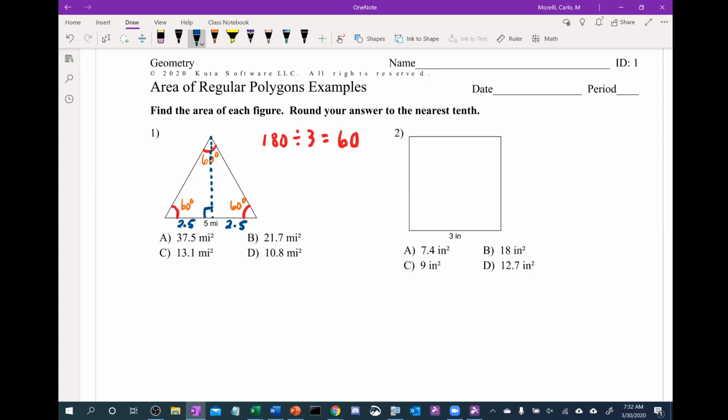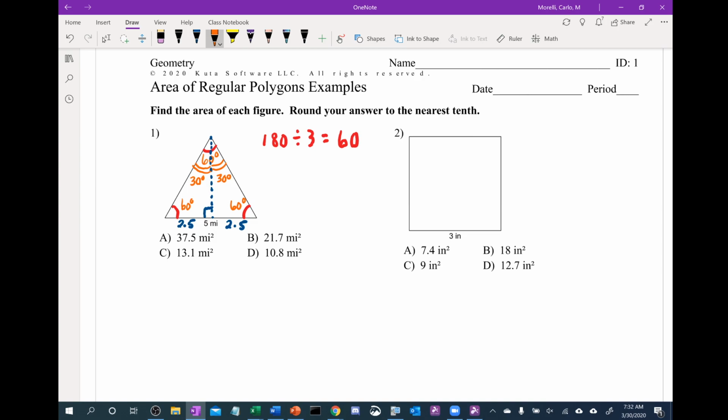So this is a bit of a different situation because now this angle changed up here. It's not 60 degrees anymore. It's two angles that are each 30 degrees. So this angle right here is 30 degrees. And this angle right here is 30 degrees.